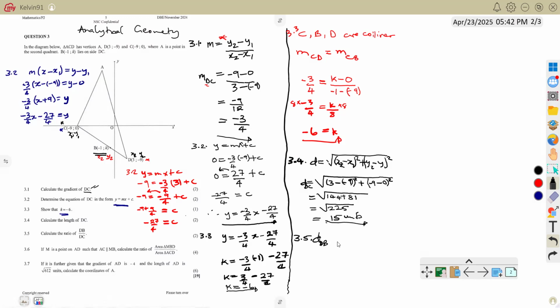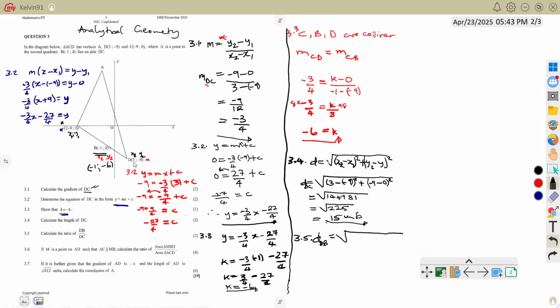So we are going to calculate the length of DB. That's going to be equal to the square root of, if you check the coordinates of our B here, we got them to be -1, then that k, we said it's -6.